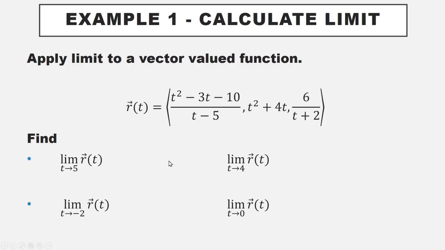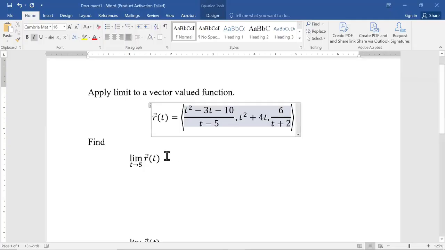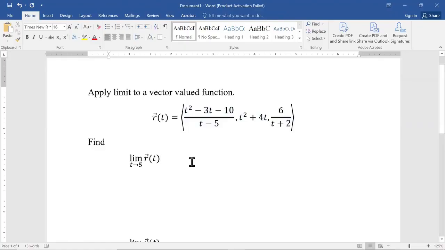So let's go ahead and do that a couple of times. Let's take this vector-valued function and we'll find the limit as t goes to 5. We'll find the limit as t goes to 4. We'll find the limit as t goes to -2. And we'll find the limit as t goes to 0. So here we go. Let's start by taking the limit of the vector-valued function as t gets closer to 5.